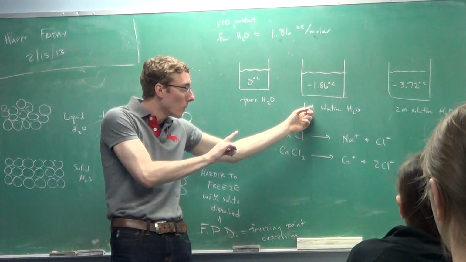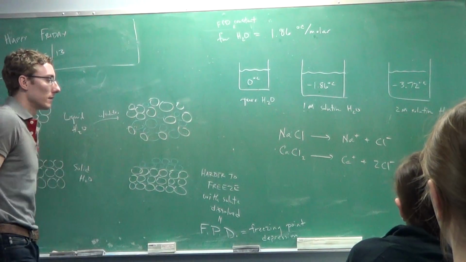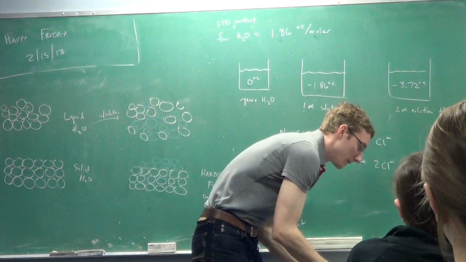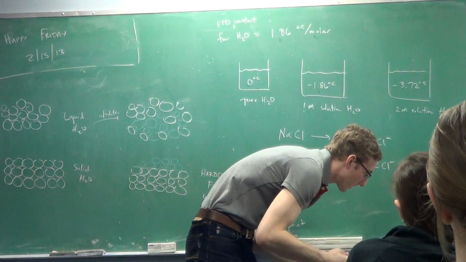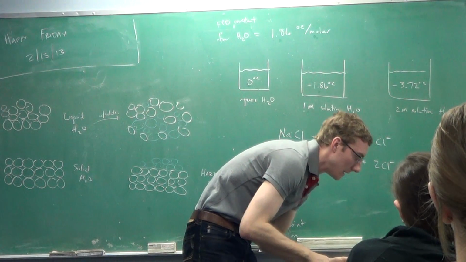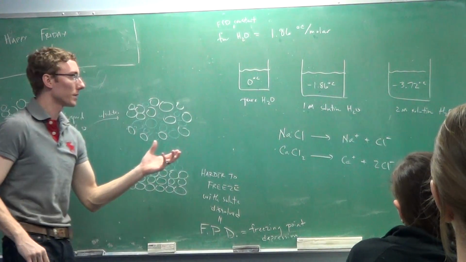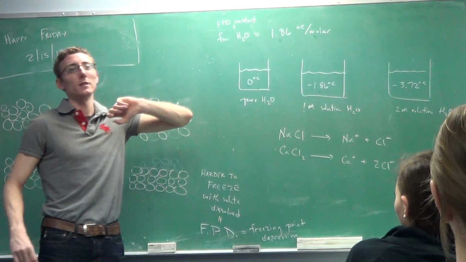Because you're going to need 1 mole for every liter. You're going to need 1 mole of salt. Sodium weighs 23 grams, chlorine weighs 35, so 23 plus 35 is 58. You're going to need 58 grams of salt for every liter of water to bring the temperature down that much.